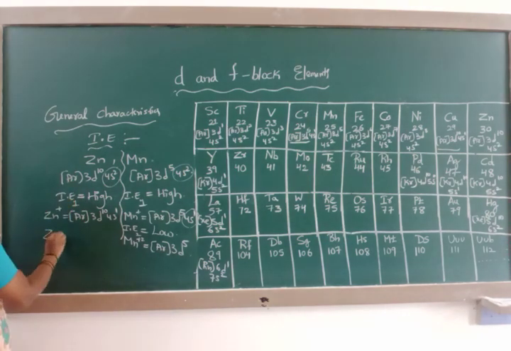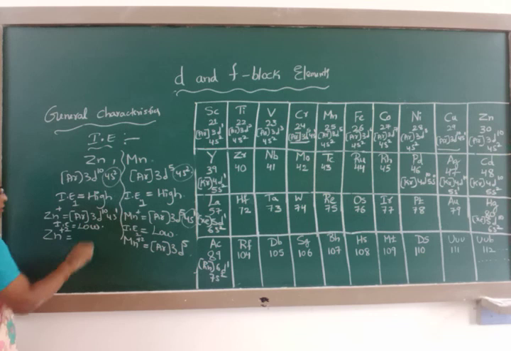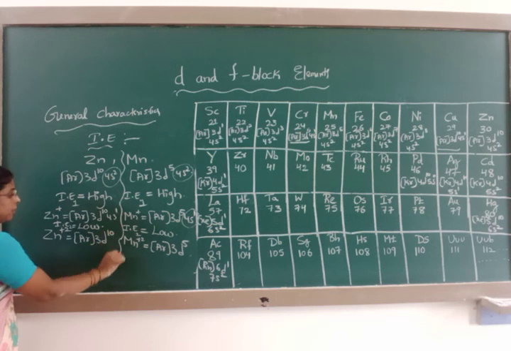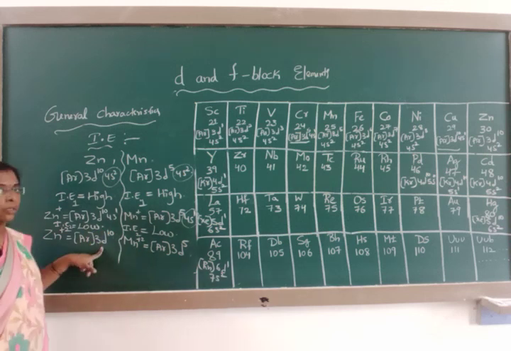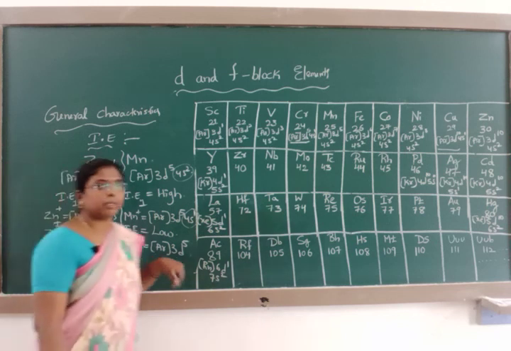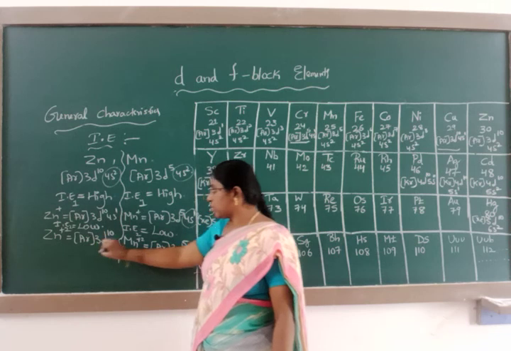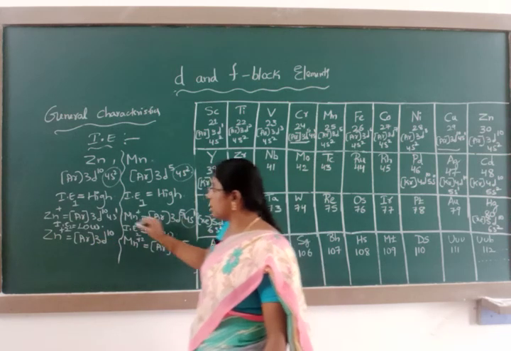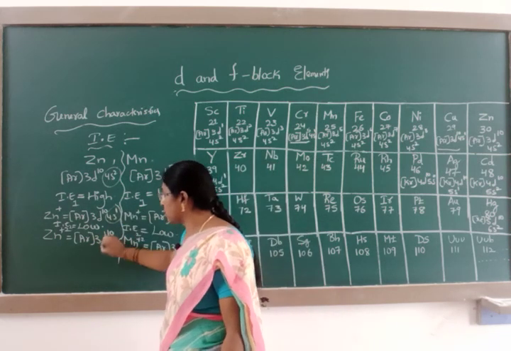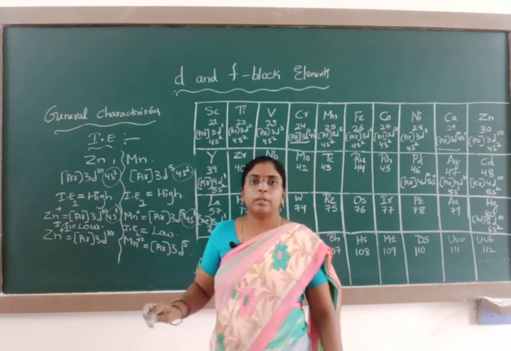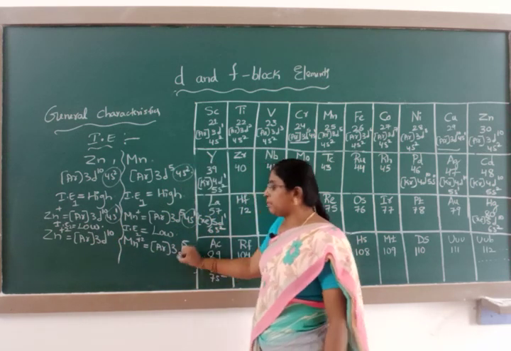Similarly, for zinc, Zn plus 2, the second ionization enthalpy is low because after losing one electron, it attains a stable completely filled orbital. So, in the case of zinc and manganese, the first ionization enthalpy is high and the second is low, because they easily lose the electron and attain a stable completely filled orbital in the case of zinc and half-filled in the case of manganese.